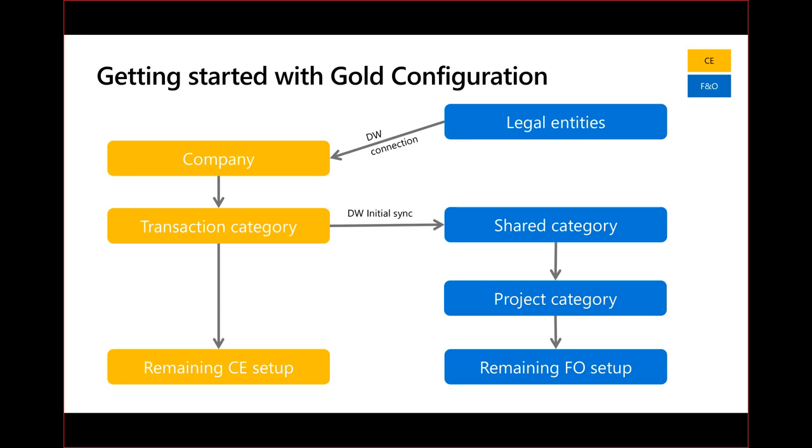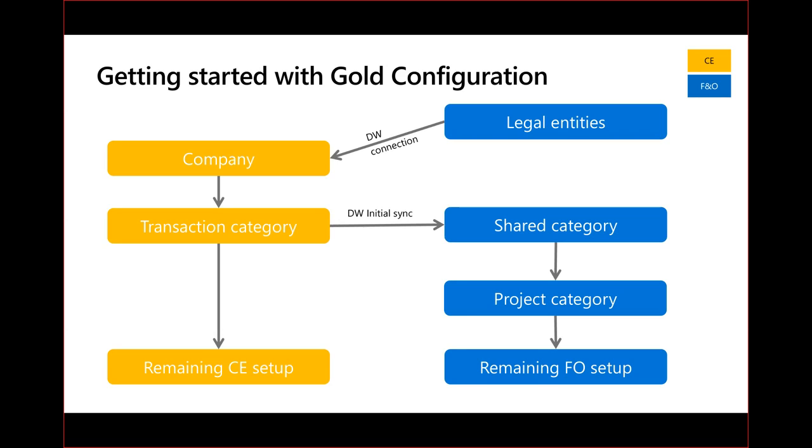The next step in the configuration typically would be that we're going to start defining transaction categories. Those transaction categories typically will be defined in our Dataverse environment, but we automatically also get a dual write synchronization to finance and operations.